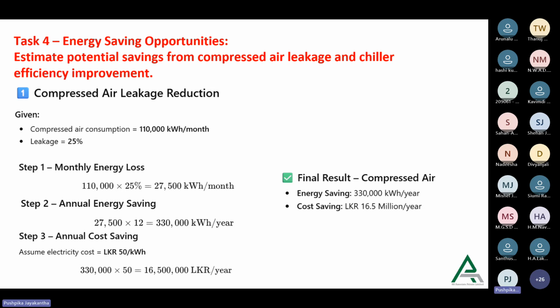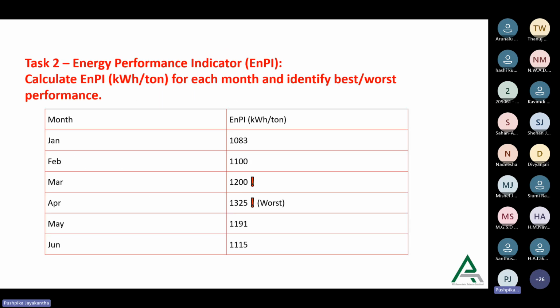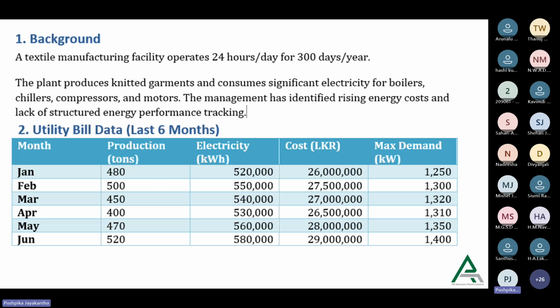So electricity cost, here you can get this electricity cost. Here we have given you the cost, so you can divide this cost by the kilowatt hours. Then you can get cost per kilowatt hour.